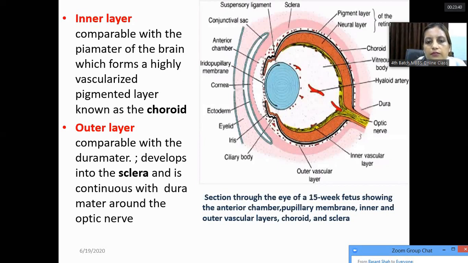So this outer opaque layer is the sclera. It is also important because any sort of infection in this area can also continue towards the nerve. So this is also very important.